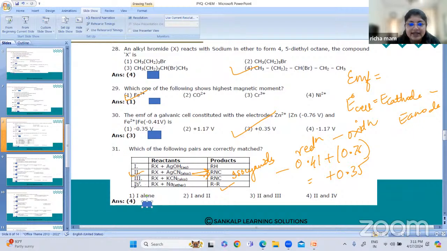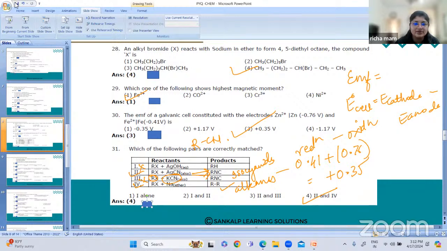So option number second is a correct pair: alkyl halide with sodium gives higher alkanes. And alkyl halides reacting with KCN give cyanides. So the third one is wrong and the first one is also wrong. So second and fourth is correct. So option number fourth is the right answer.